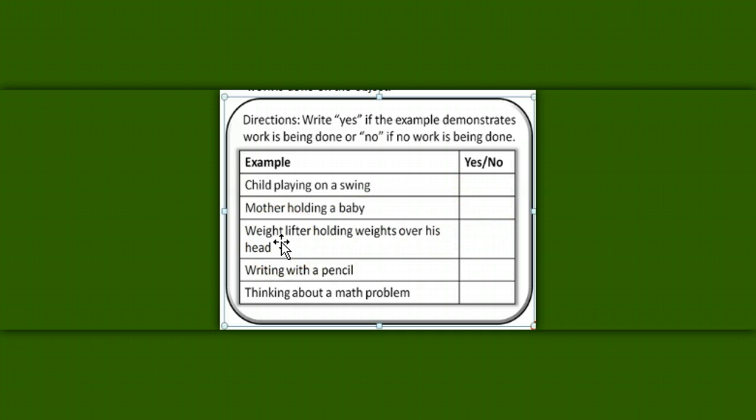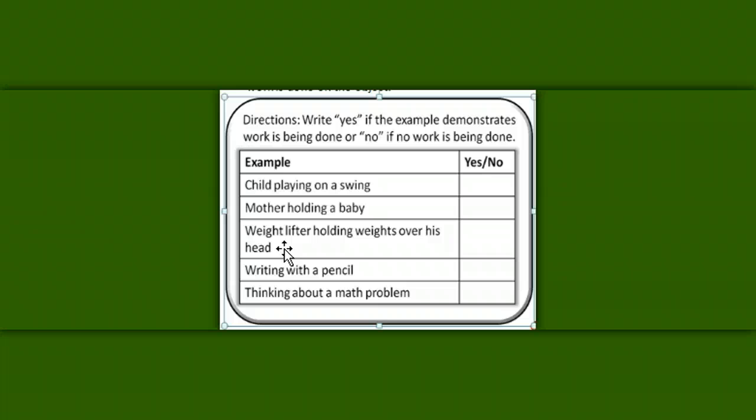What about this one? A weightlifter holding weights over his head. Now we have to think about it. Is there a force? Well, he's holding weight over his head. There has to be a lot of force to hold it over his head. But is the object moving a distance?